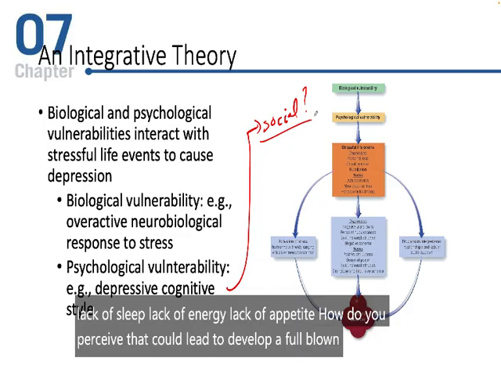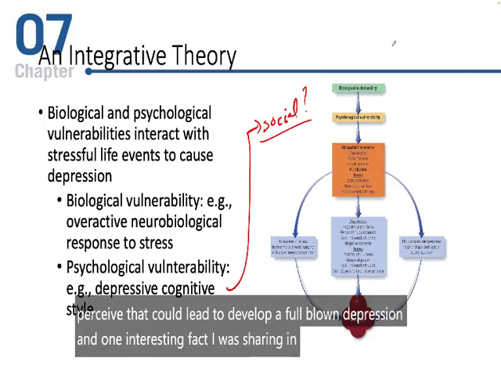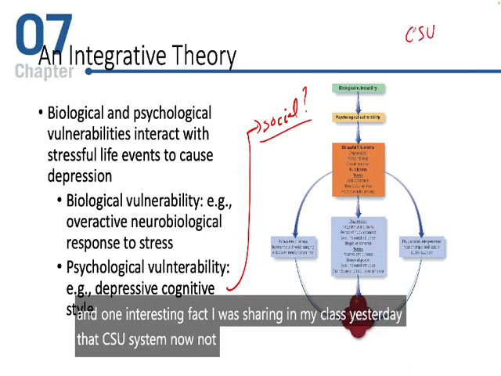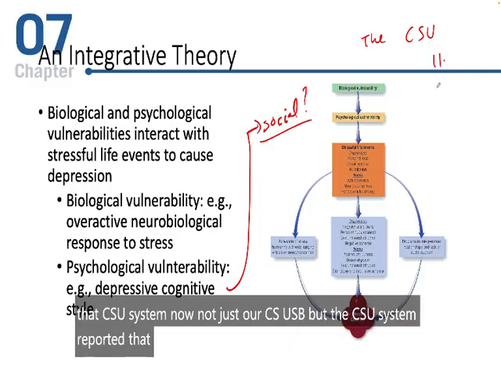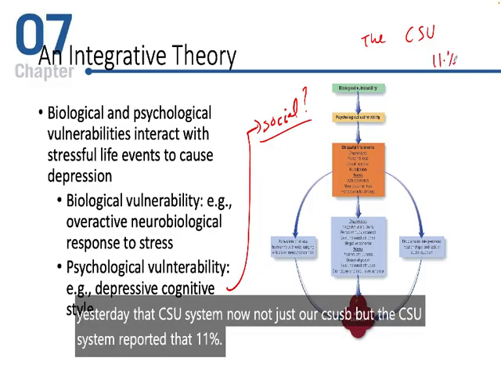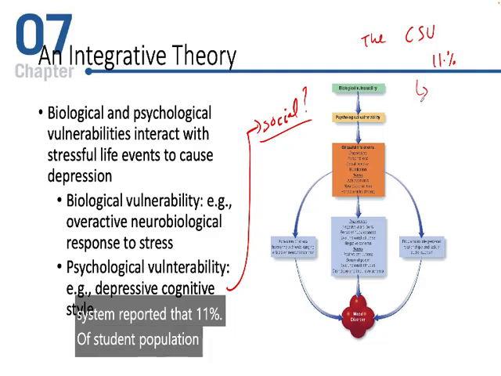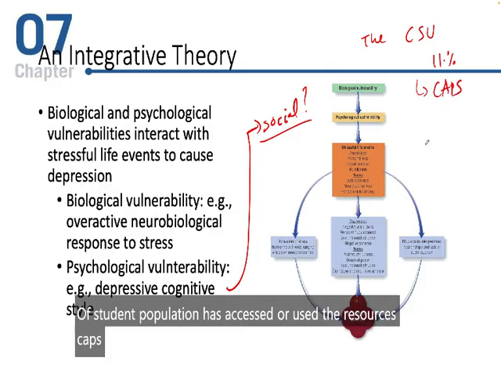And one interesting fact I was sharing in my class yesterday: the CSU system, not just our CSUSB, reported that 11% of the student population has accessed or used resources like CAPS, Counseling and Psychological Services for Students.